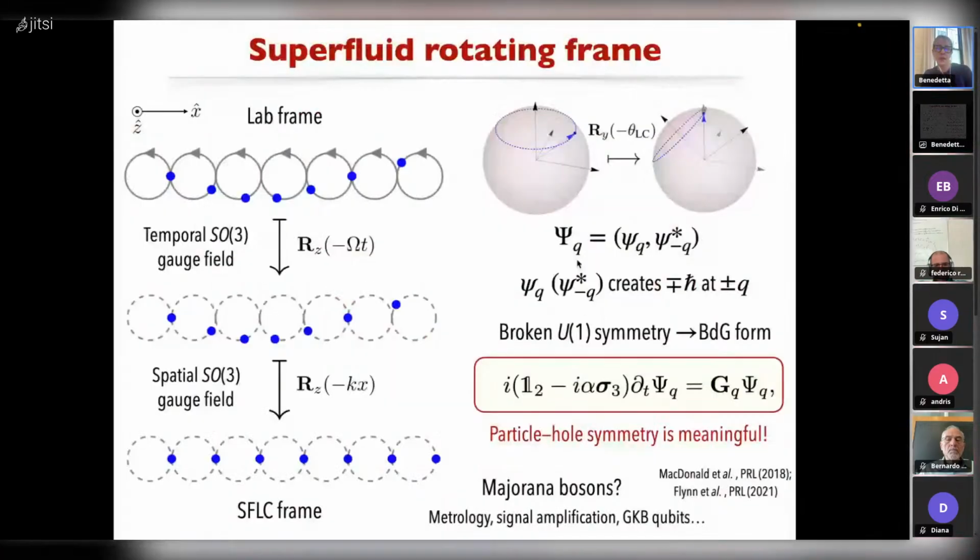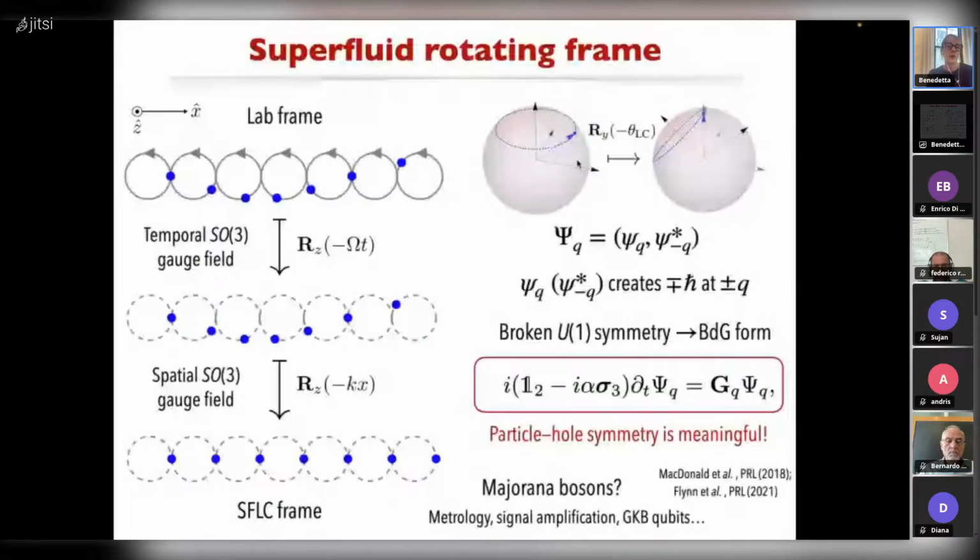So after you have done all that, you have an effective dynamical equation for the fields, and these fields are really the creation of a magnon along the direction of the magnetization in this superfluid frame of reference, or the annihilation of the magnons.